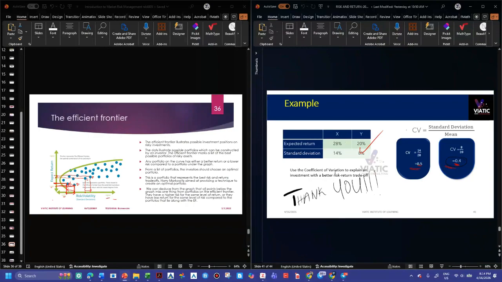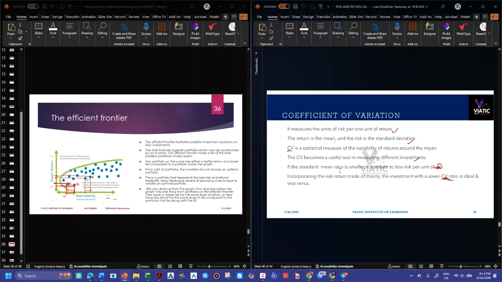I'm sure most of you might not be aware of what the coefficient of variation is, so you cannot conclude. We're saying the coefficient of variation measures the unit of risk per 1 unit of return. The return is the mean and the risk is the standard deviation.